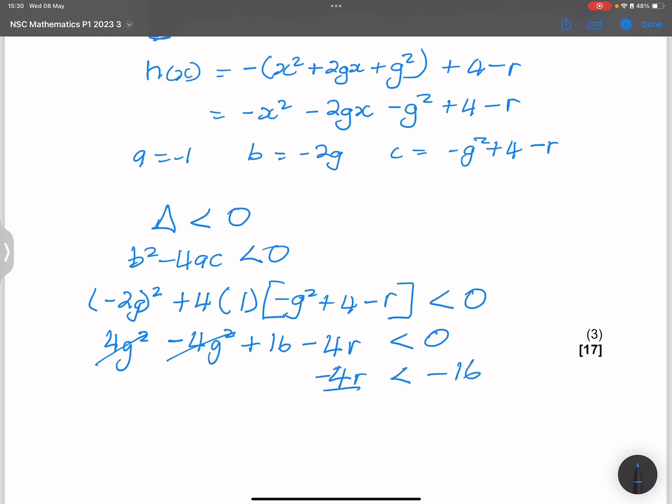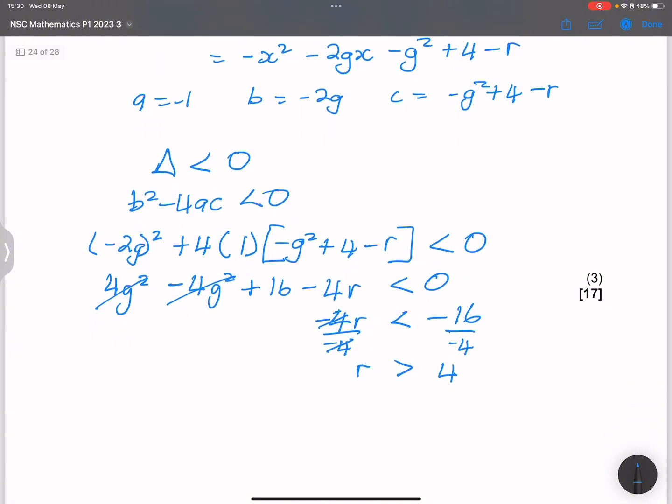And if we divide by negative 4, remember, if I divide by a negative, the inequality changes sign, so that r is greater than 4. So in order for us to have non-real roots in that equation, it means the outcome of the red dice must actually be greater than 4, right?